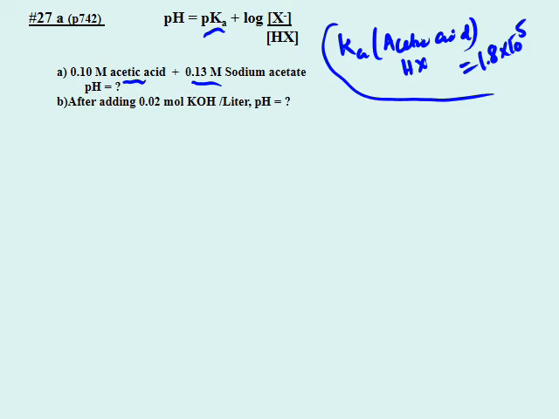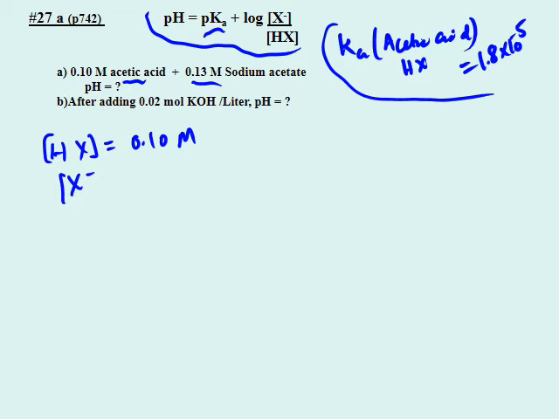Keep in mind, whenever there is a buffer solution, you can always use the Henderson-Hasselbalch expression. Now we need to find out X minus and HX. These are a conjugate acid-base pair. Obviously, acetic acid is HX, so let's write down HX, which is equal to 0.10 molar. X minus is acetate. Remember, sodium acetate, you add as a salt, because you can't just add acetate ion.